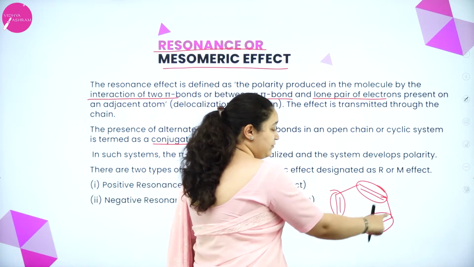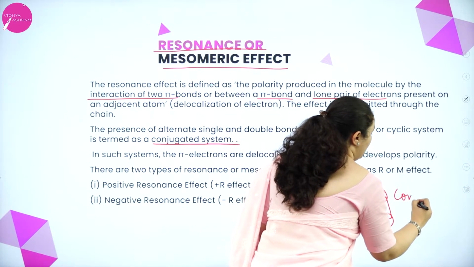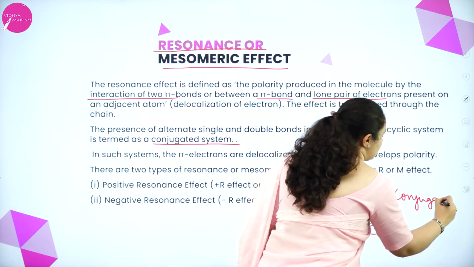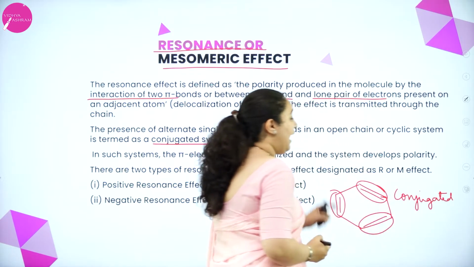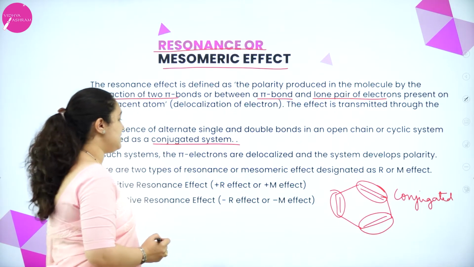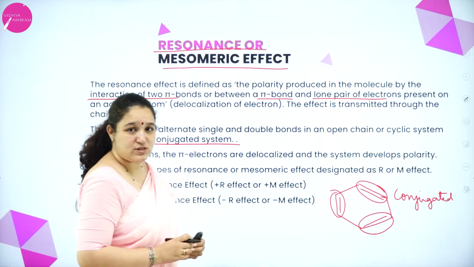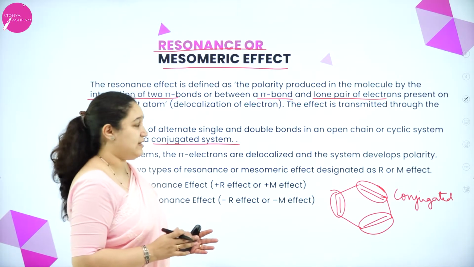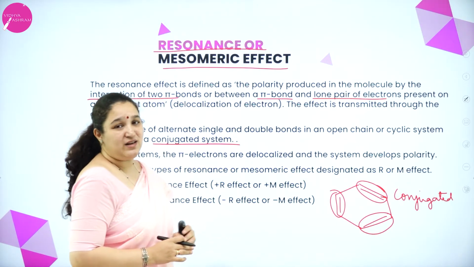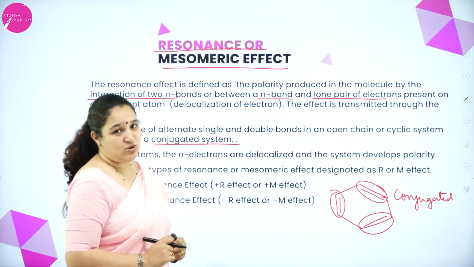Alternating it is. So this type of system, what do we call it? Conjugated system. And in a conjugated system, there is delocalization of the pi electrons. What is this delocalization? I shall explain. And polarity is developed. This is called resonance effect.